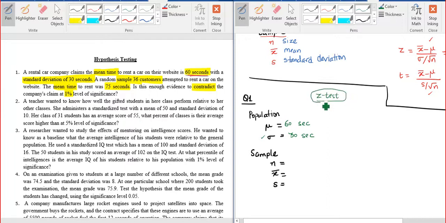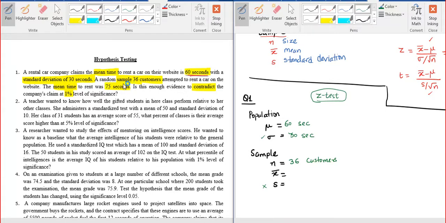Let's get the remaining information. As it is going to be a Z test, the sample standard deviation should not be given. Let's see whether it is true or not. A random sample of 36 customers attempt to rent a car. N means the size of the sample, so here it is 36 customers. Now the mean time to rent was 75 seconds.